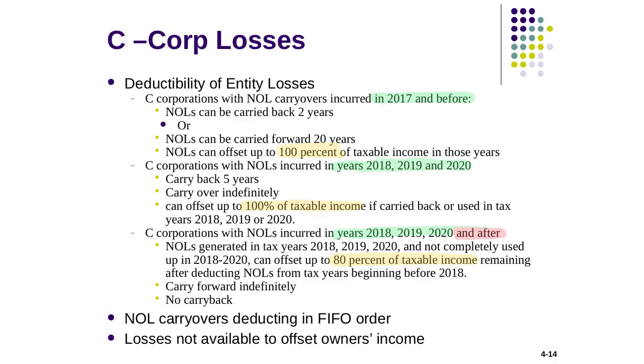And then additionally, these losses are not available to offset the owner's income, which makes sense because a C Corp is not a flow-through entity. So those losses aren't flowing directly to the owner's tax returns. That C Corp is its own tax-paying entity.